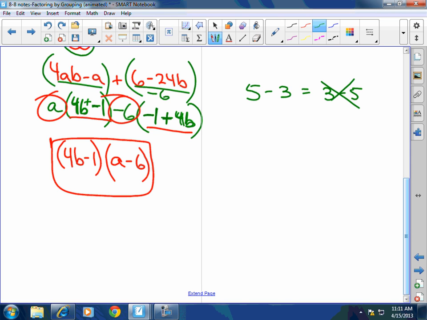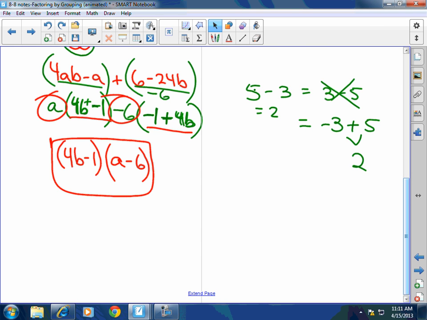But 5 minus 3 does equal negative 3 plus 5. You see the difference? Because if I just go 3 minus 5, that's going to be negative 2. 5 minus 3 equals 2. Negative 3 plus 5 equals 2. So you can switch them around as long as you keep that negative with what you're moving around. You with me?